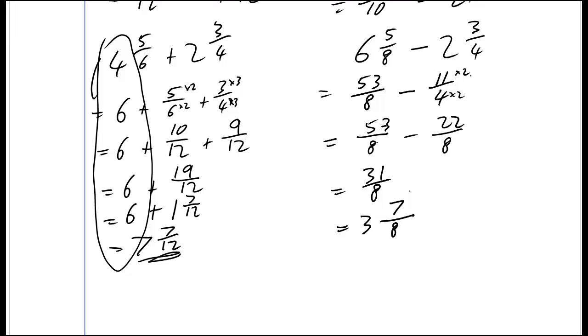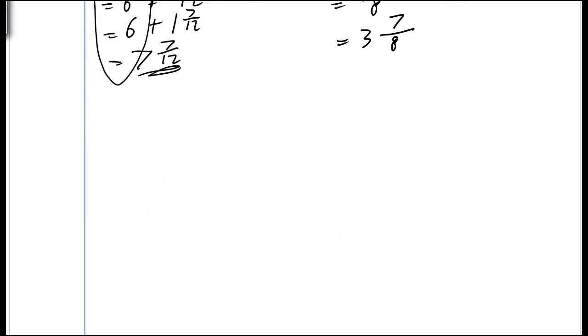Let's do another one because these are fairly tricky. I'll do 4A from the exercise. This is on page 138. So we've got these two mixed numbers that we want to subtract.